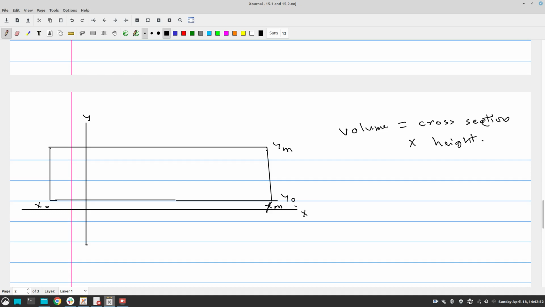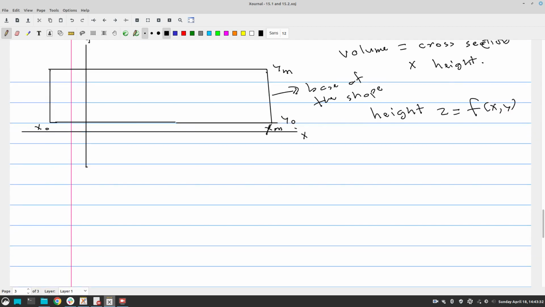We want to find the volume of the shape whose base is given by this shape, and the height is z equals f of x, y. Now, why do we need integration to solve these problems? We need integration because the height is not constant.